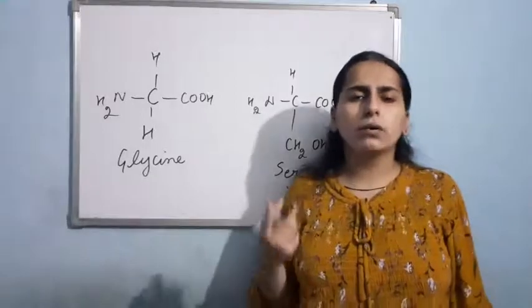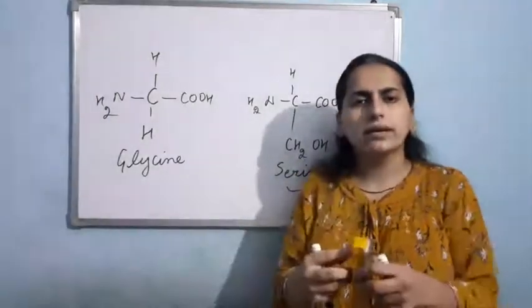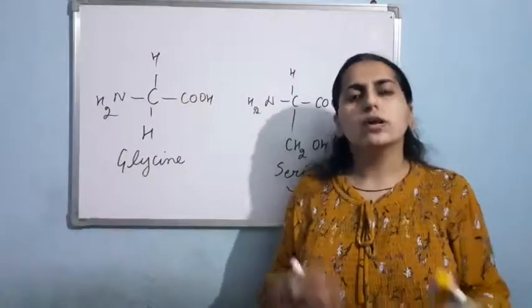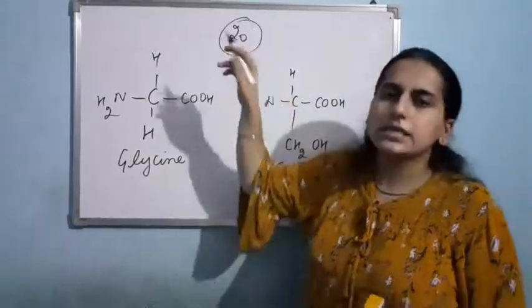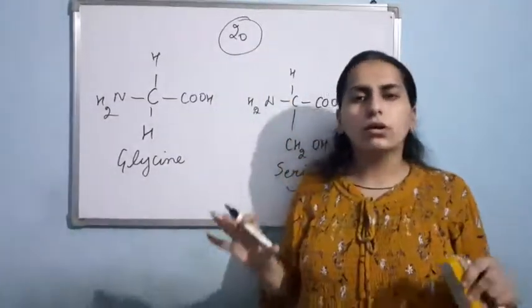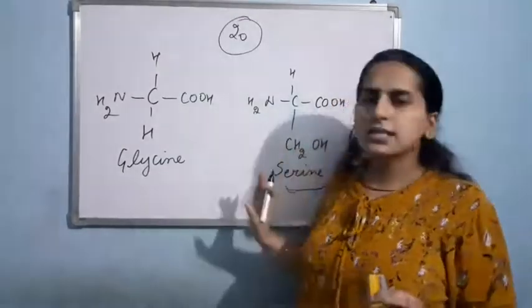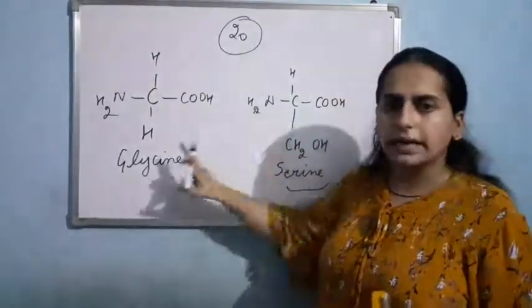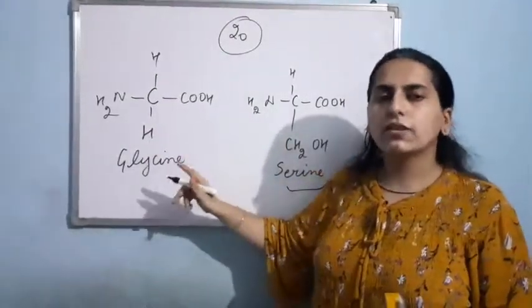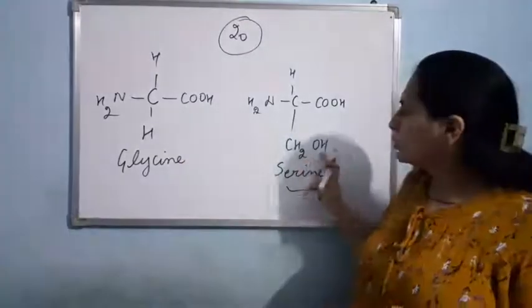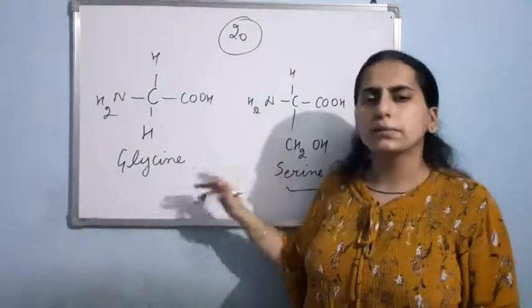Glycine is having H here. CH3 was there in alanine. CH2OH is there in serine. Similarly, I'll give you a few more examples later on.